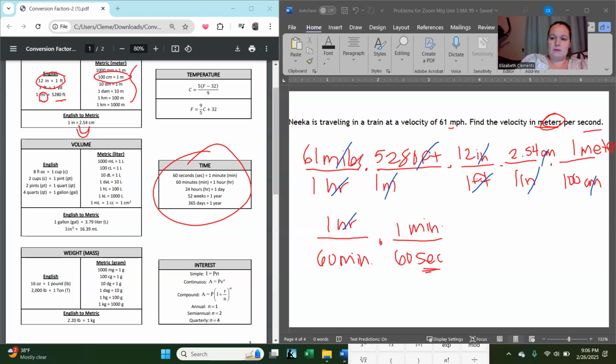And that's what I need, seconds. So this minutes is crossing off. Always check that you have your correct units, meters over seconds. So we're going to do it in our calculator.